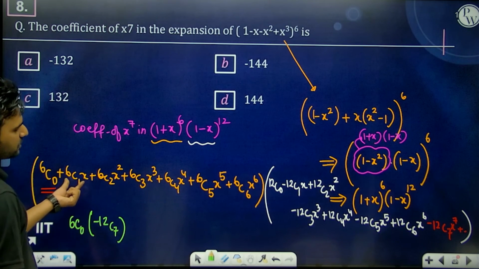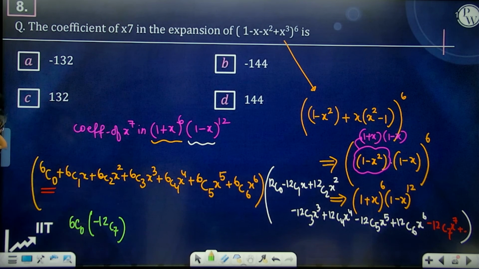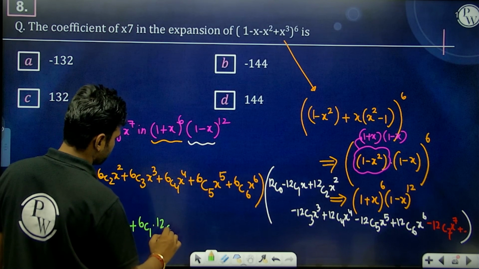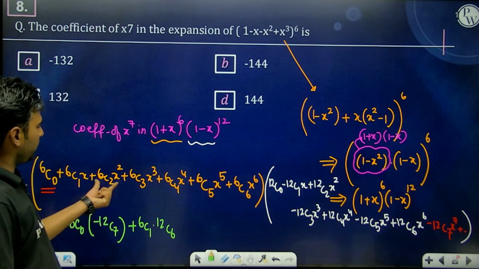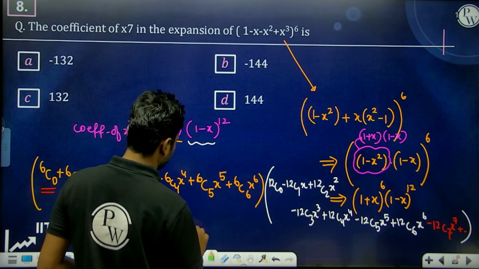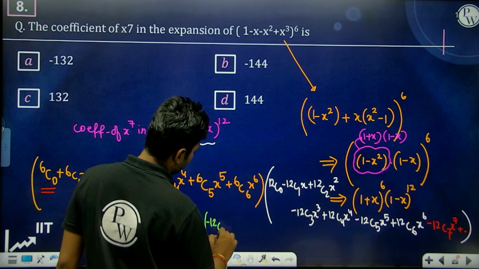If you multiply this, then you have to multiply this with what? You have to multiply this with x to the power 6. Then over here it is going to be this into 12c6. If you are multiplying this, then you have to multiply it with x to the power 5, so this is going to be 6c2 into minus 12c5.